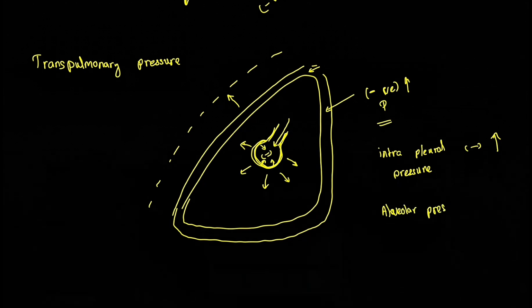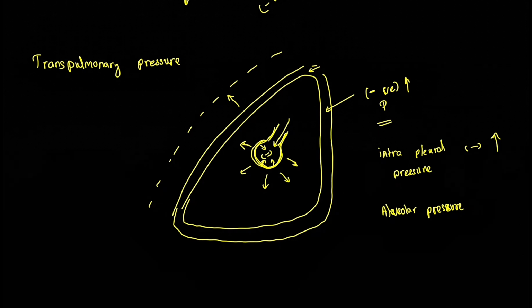The alveolar pressure is created by the air inside of the alveoli. We'll talk about the elastic properties of lungs and the surface tension in a bit. When it comes to the transpulmonary pressure, the difference between the intrapleural pressure and the alveolar pressure is called transpulmonary pressure.